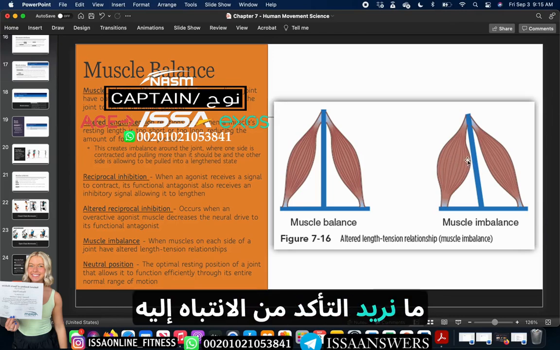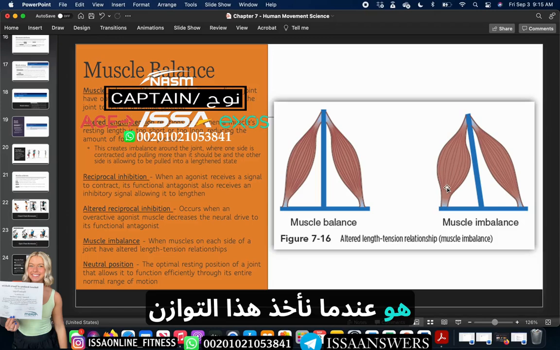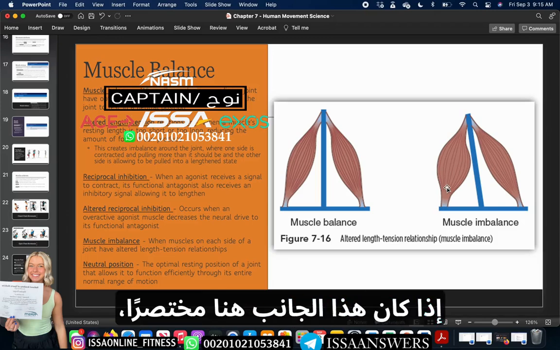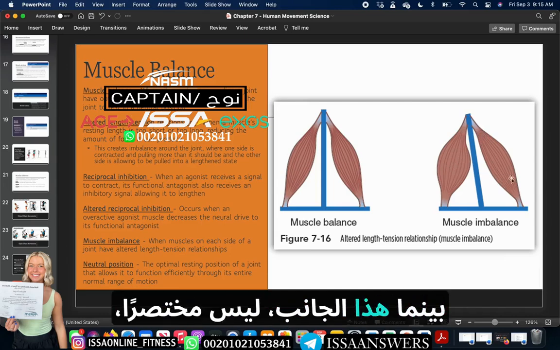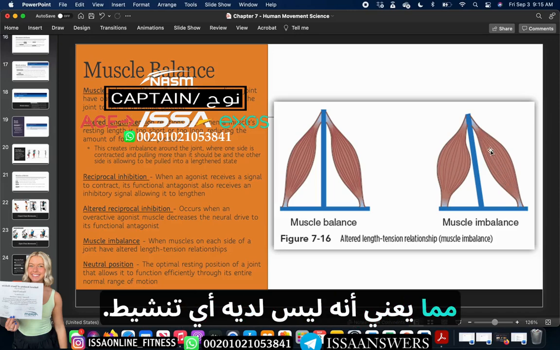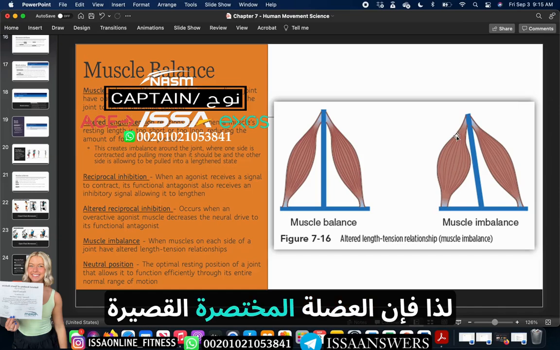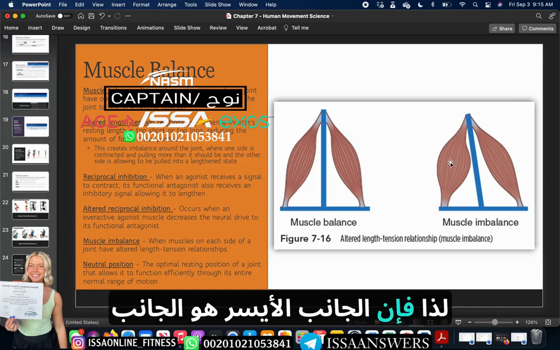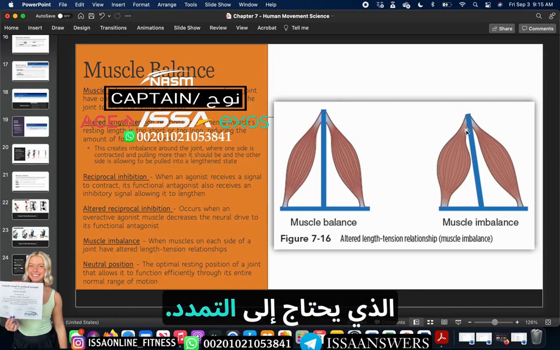So here, what we want to make sure we pay attention to is, as we take this muscle balance, if this side here is shortened, that means it is active. Whereas if this side is not shortened, it's lengthened, and that means it doesn't have any tone to it, meaning it doesn't have any activation. So a shortened muscle that is contracted constantly is the one that needs to be stretched. So the left side is the side that needs to be stretched.